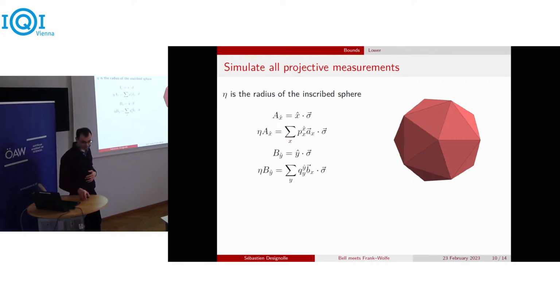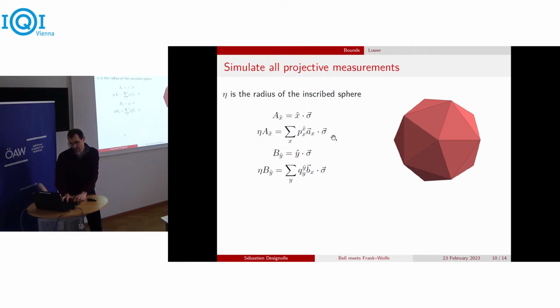When you have your set of measurements forming, let's say, a polyhedron in the Bloch sphere, then you can actually fit the Bloch sphere itself in the polyhedron. I mean, not for all of them, but if it's living in 3D, if it's not a square in the equator, then you can fit all the Bloch sphere in this polyhedron. In this example, with the icosahedron, this is with up to a factor of almost 80%.